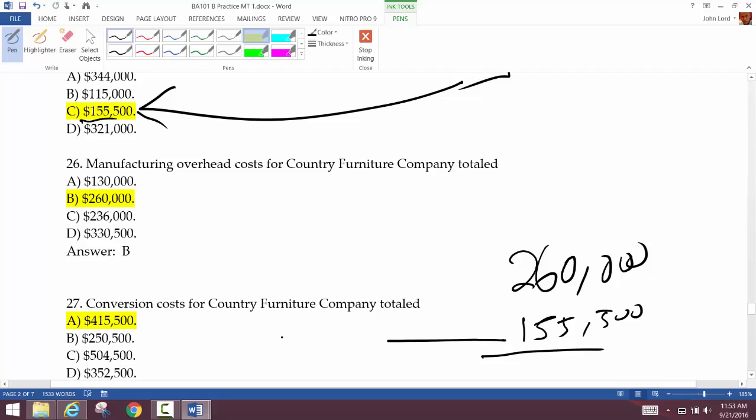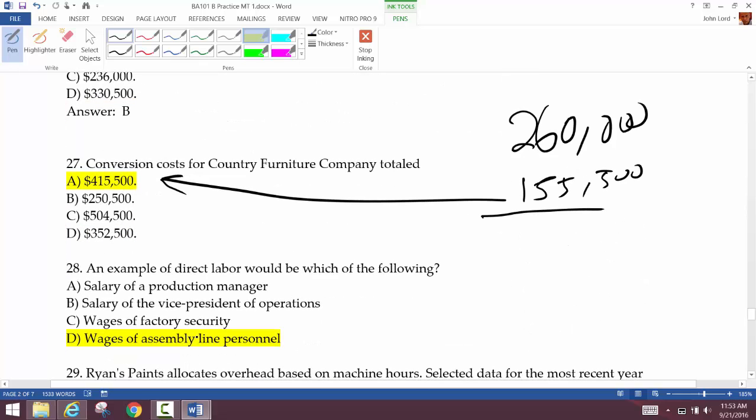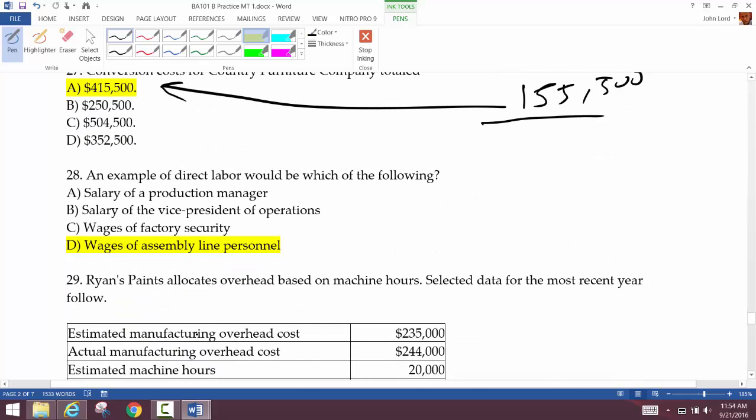Do I get that number? Okay, good. Again, testing just definitions here, right? An example of direct labor would be what? Are you getting that assembly line workers are direct labor? I think we've had like 3 or 4 questions where you needed to know that, right?